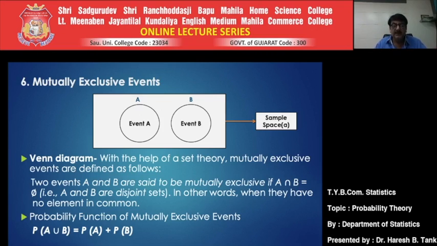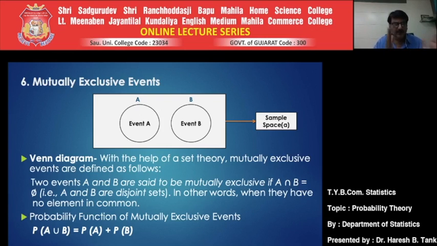There is a probability function, or you can say an addition theorem, which says that if A and B are two mutually exclusive events, then probability of A union B. Try to understand it.